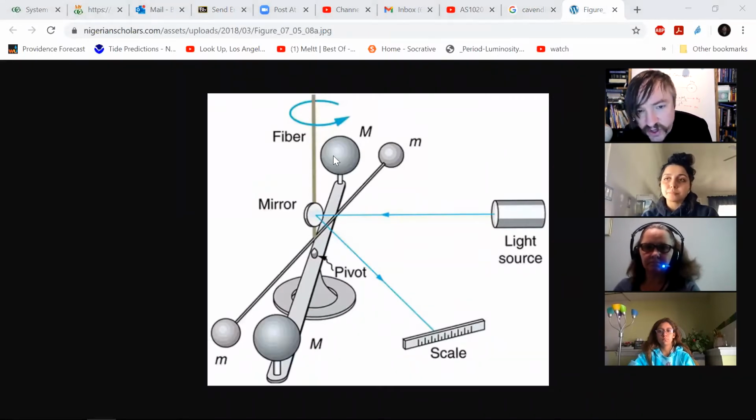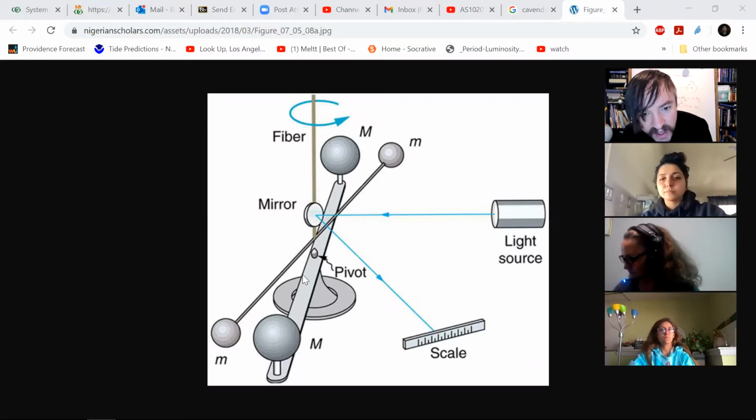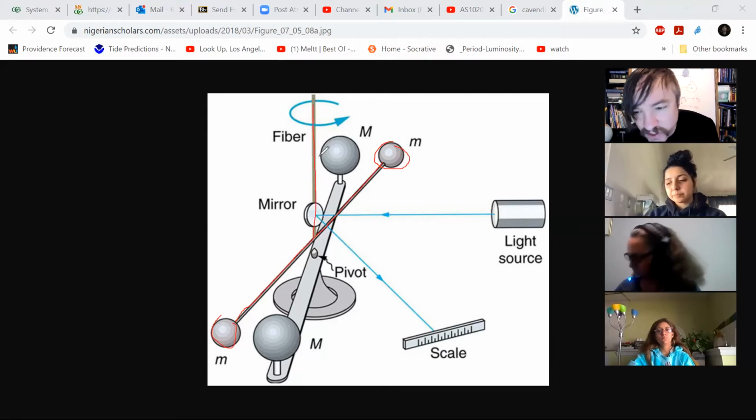He took these huge, large spheres of lead, probably about the diameter of a bowling ball, and he put these bowling balls on a kind of beam separated by some fixed distance. And then he suspended some smaller lead spheres here and here. He connected them by a very thin rod, and he dangled the thin rod from what we call a torsional fiber pendulum.